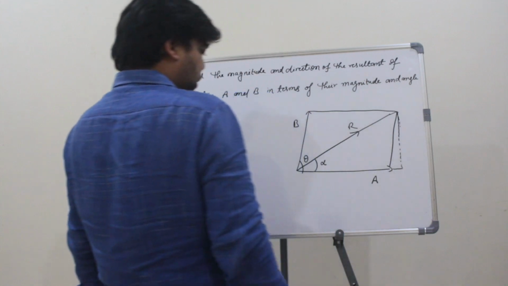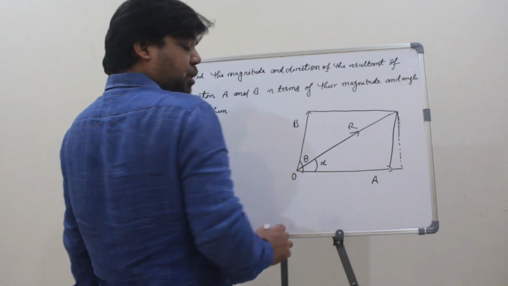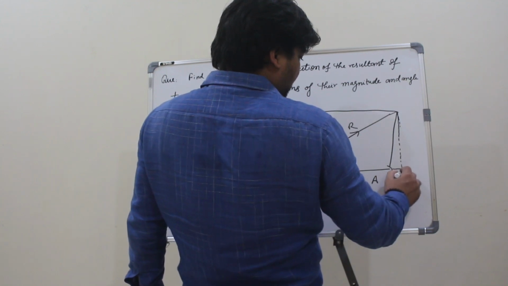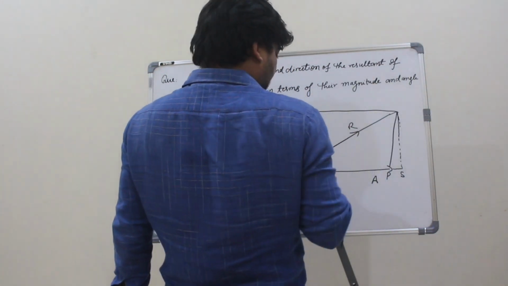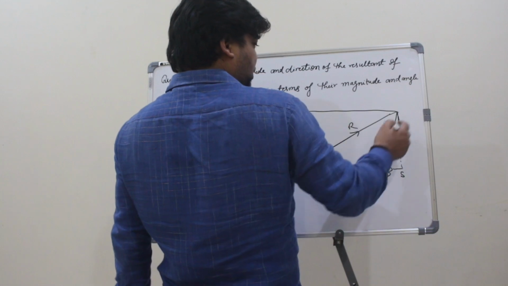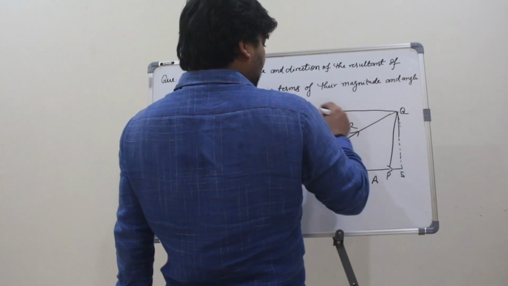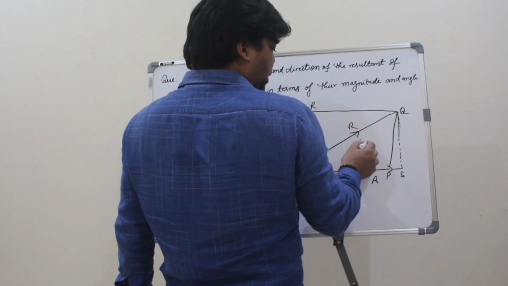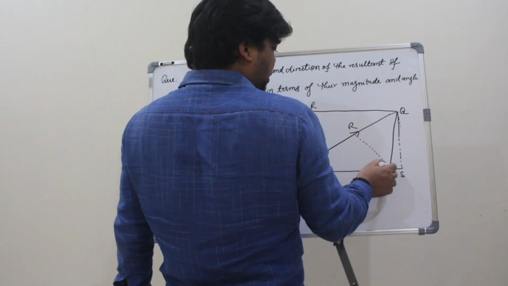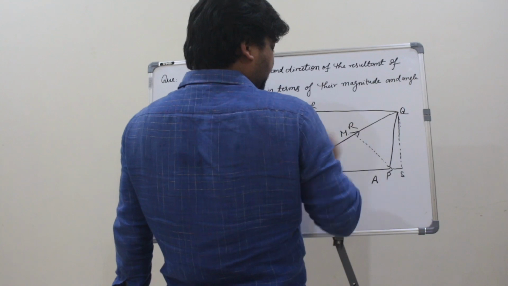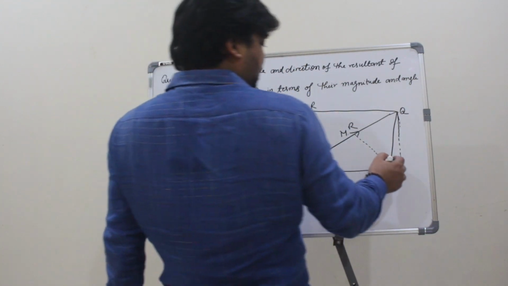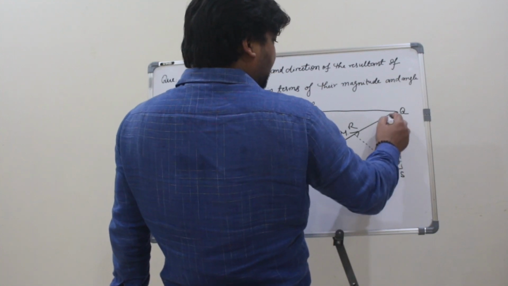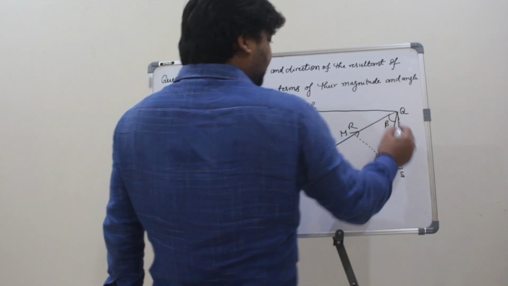So we can say that this is O, this is P, S, Q, R, and let us take another point, which you can call M. Now we are assuming that this angle is theta, this is also theta, and this angle is beta.